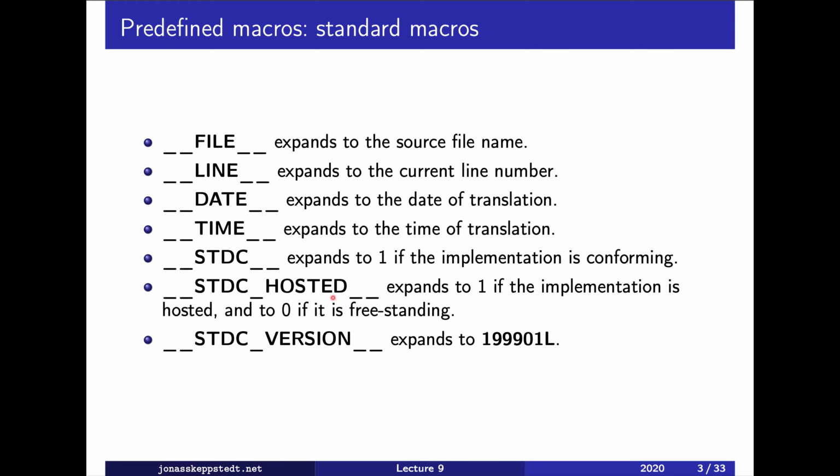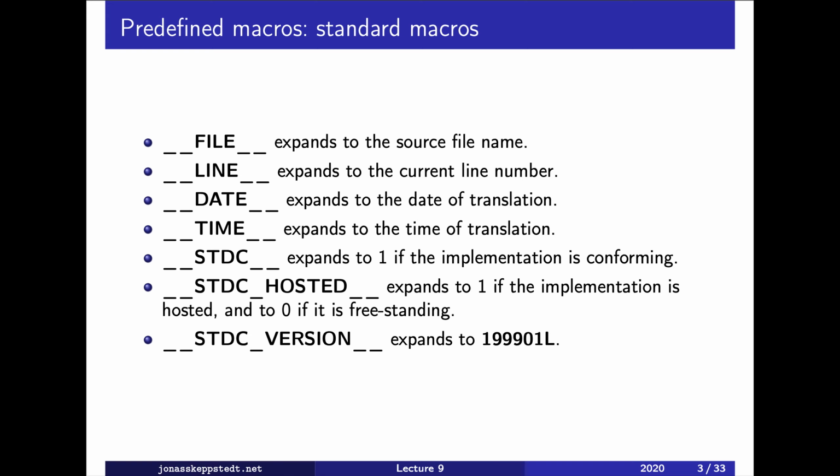Standard C hosted is used for either a freestanding environment or a hosted environment. Freestanding means that it is for an embedded system where certain library functions for manipulating files, for instance, don't have to be available.